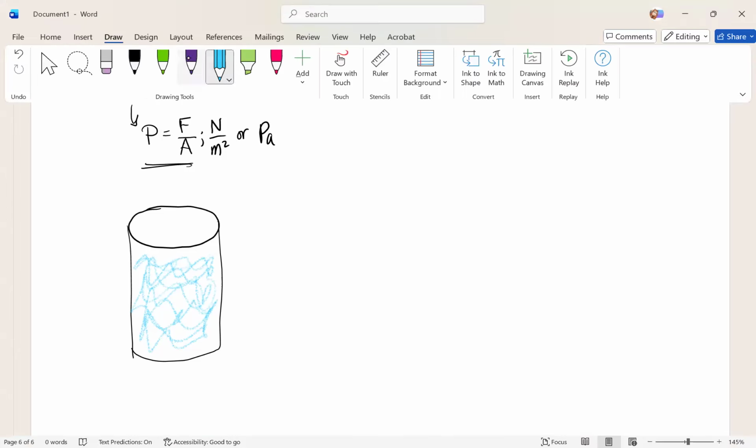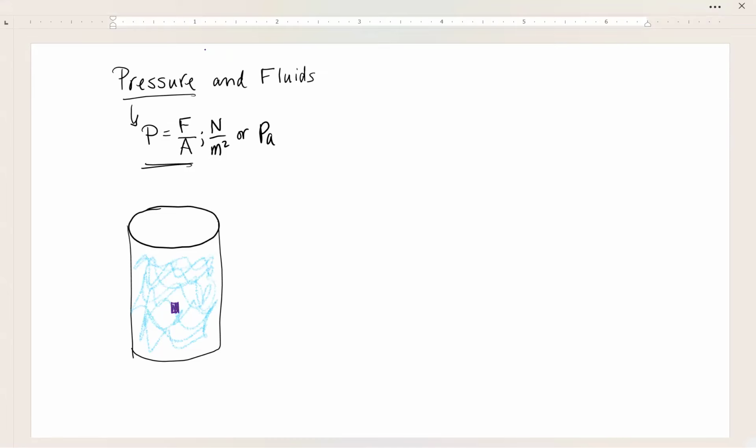And I've got an object here. Now, what forces are being exerted on this object? It's inside of a fluid. We're going to talk about air as a fluid as well. But so what forces are being exerted?